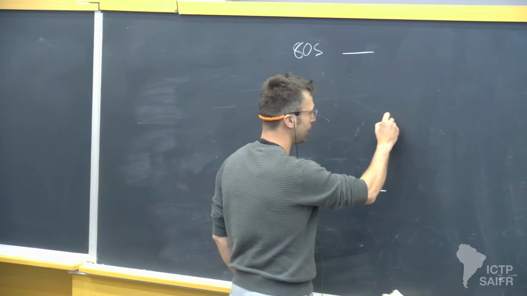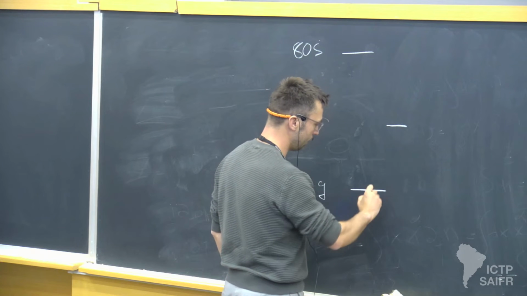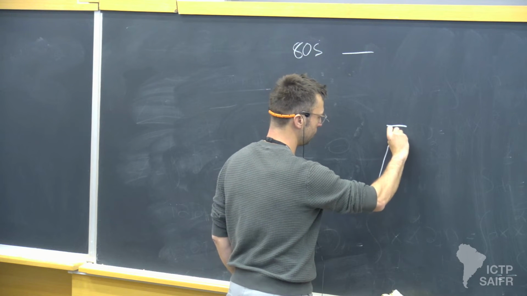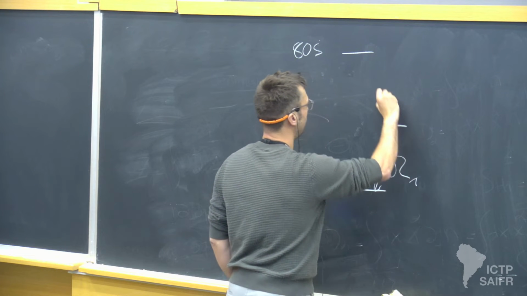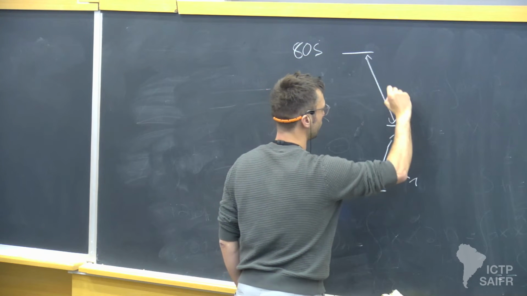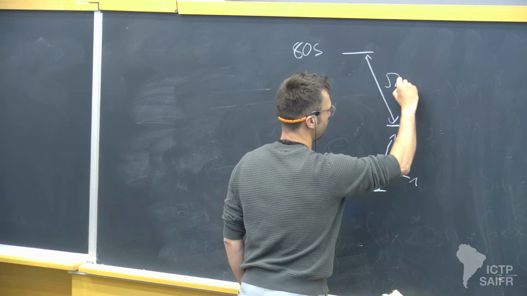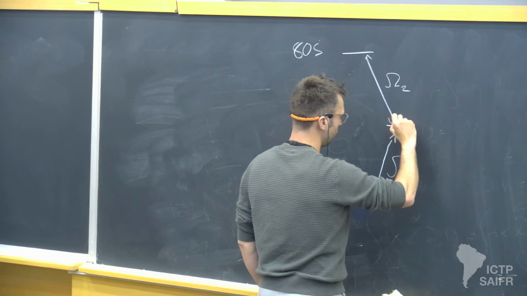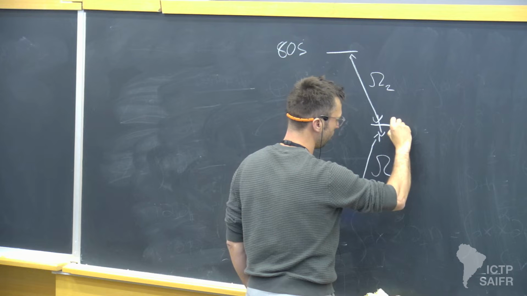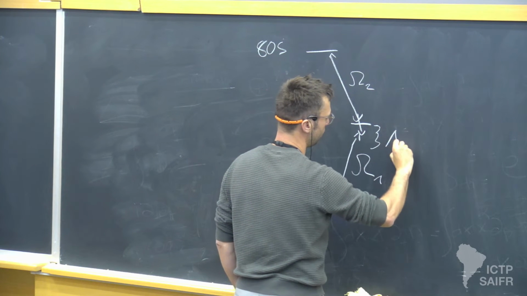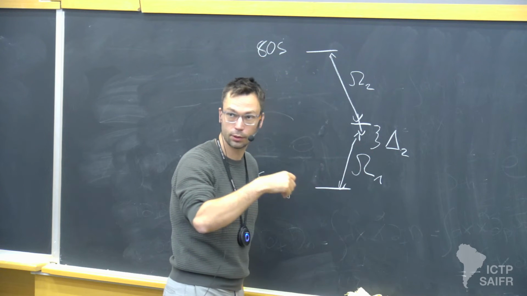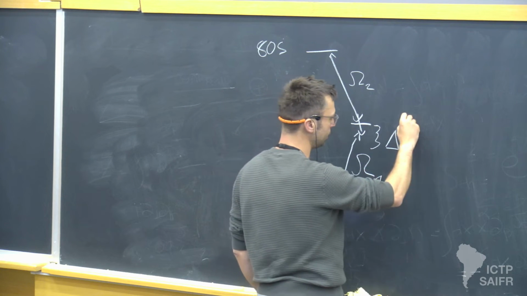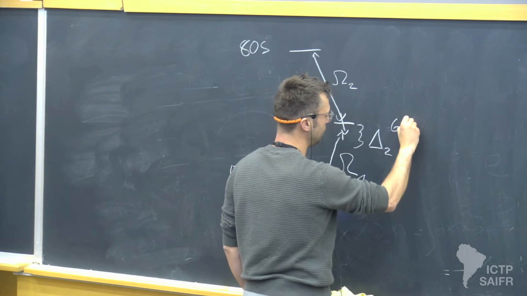But the detail that I was not telling you about is that indeed you go with a two-photon transition up here. So you have an omega 1, and then you have an omega 2. And here you have some, it's always delta, some delta two-photon detuning from this intermediate state, and here you might have a 6P state.